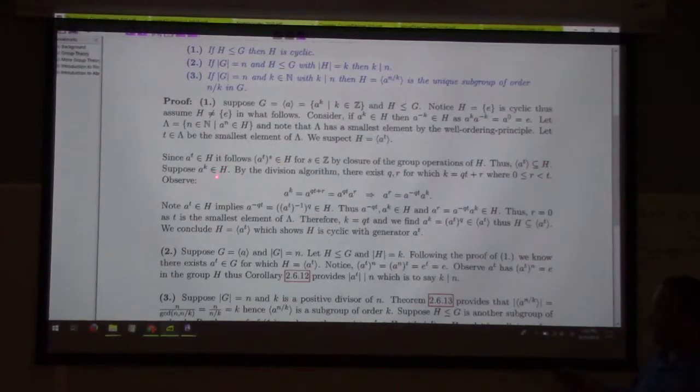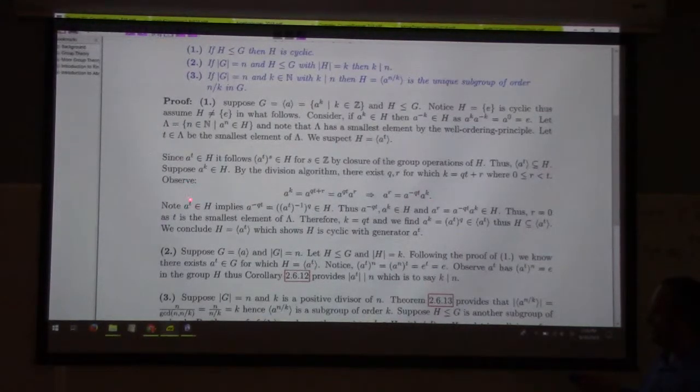On the other hand, if we have a to the k in H, then by the division algorithm, we can pick q and r for which k is equal to qt plus r, where r is between 0 and t, not included, 0 included possibly, all right? And so a to the k is a to the qt plus r, which is a to the qt times a to the r, which says that a to the r is a to the minus qt times a to the k, great.